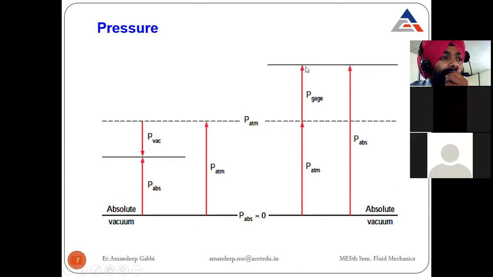Then the gauge pressure, when you check the pressure in your tires, that particular gauge gives you the value from this line to this line. And absolute pressure is from this point to this point. So this is a diagram that represents the different types of pressure.